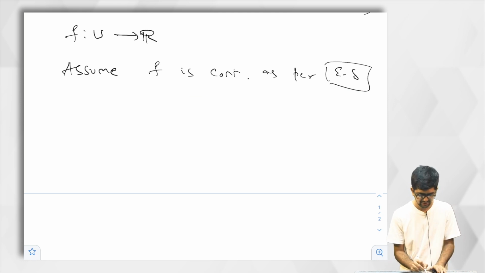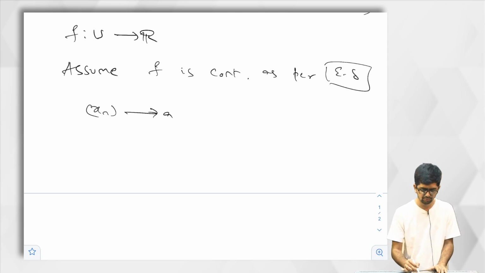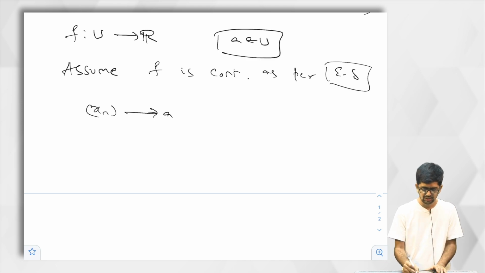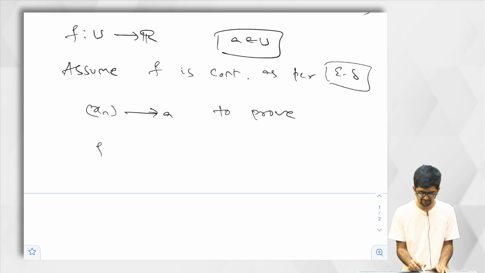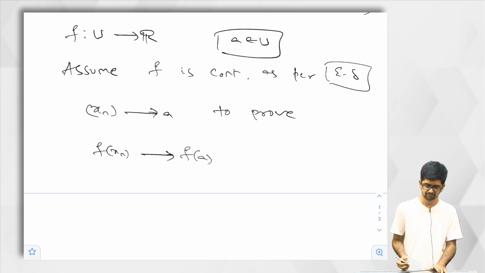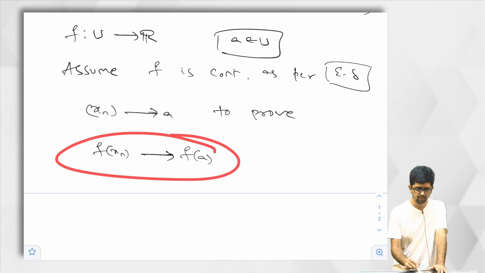So let us take a in U, and a sequence xn in U that converges to a. Then we are supposed to prove that f of xn converges to f of a.